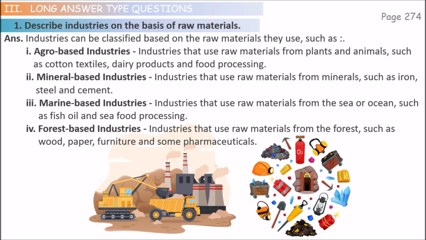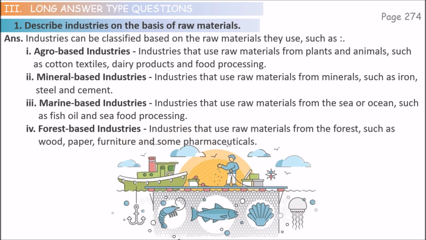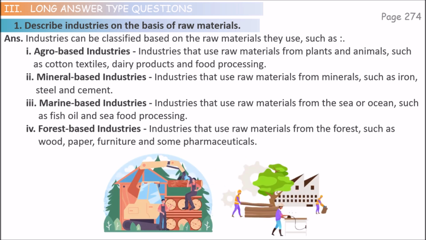Industries that use raw materials from minerals, such as iron, steel and cement. Third, marine-based industries. Industries that use raw materials from the sea or ocean, such as fish oil and seafood processing. Fourth, forest-based industries. Industries that use raw materials from the forest, such as wood, paper, furniture and some pharmaceuticals.